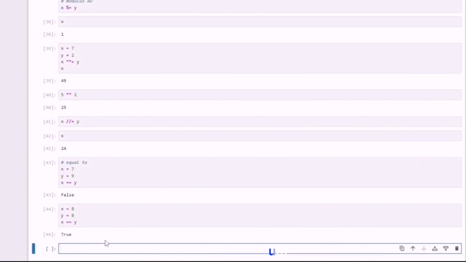Another comparison operator we have here is the greater than operator. This is the greater than operator. Some of us who did not like maths in school could be not liking this now. And how do we use this? If we say x is greater than y, is it true or false?